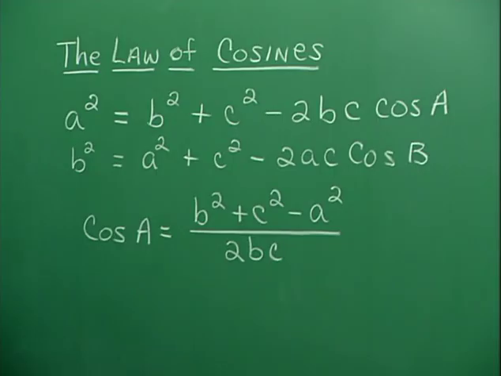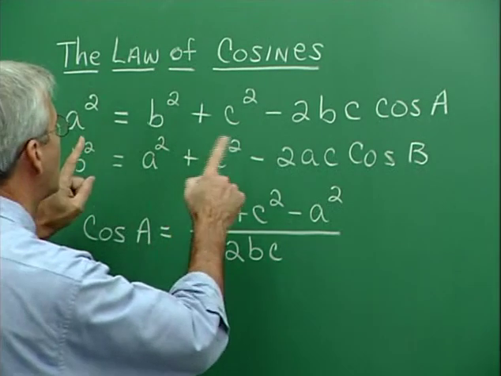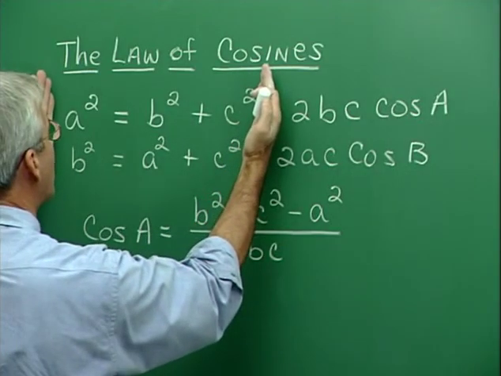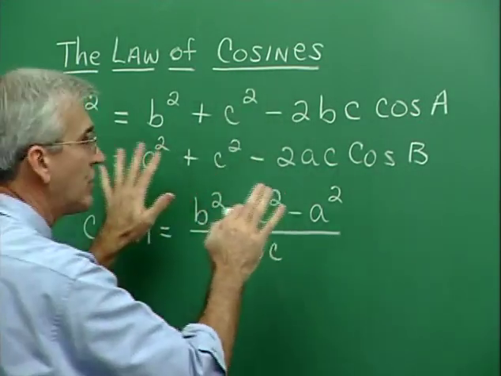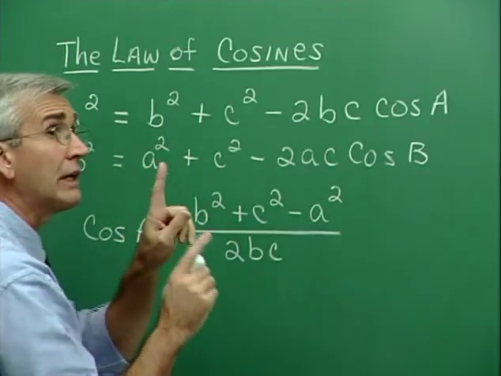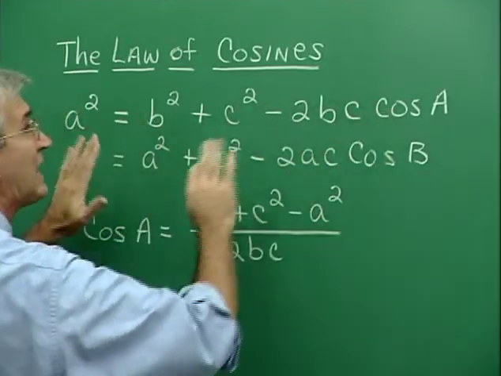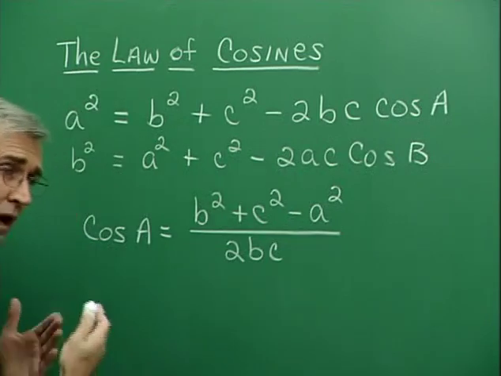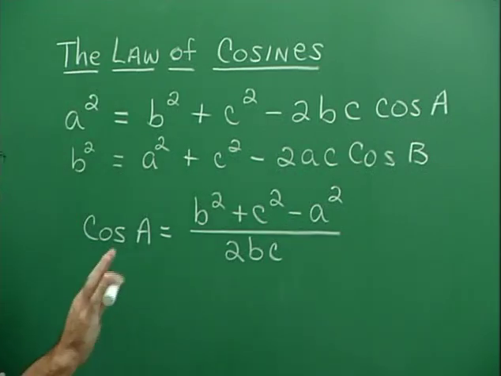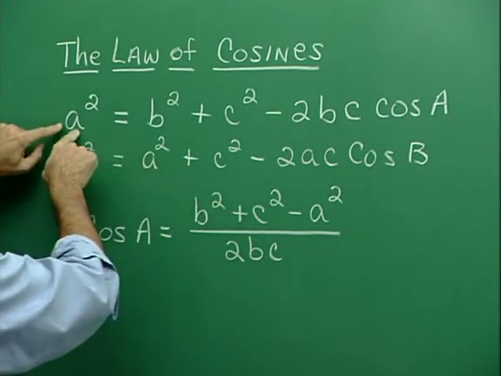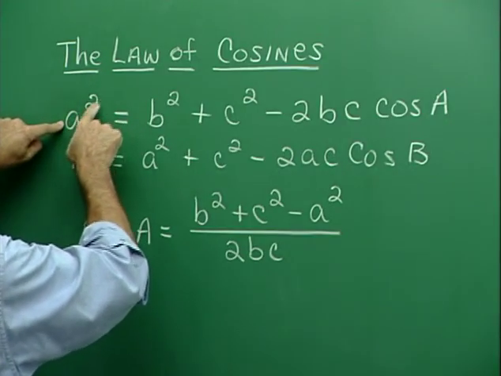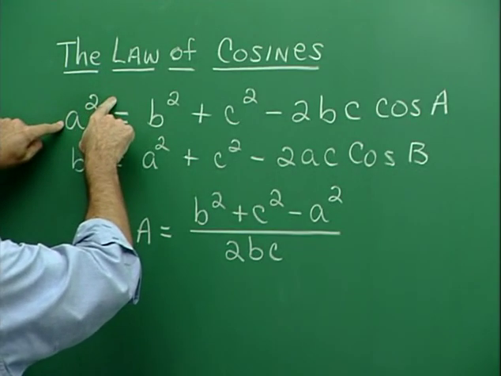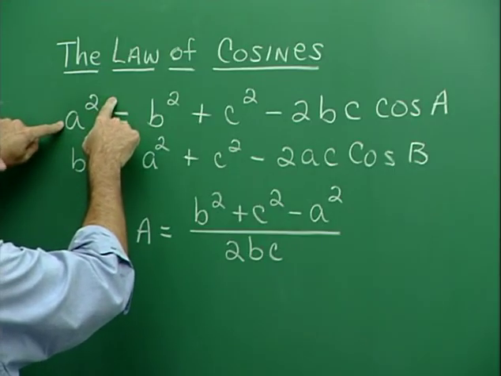I think it's kind of interesting with the law of cosines. It looks so much like the Pythagorean relationship up to this point that if you investigate it a little bit, you find out that we could actually use the law of cosines instead of the regular Pythagorean relationship, because if this is the hypotenuse squared, then understand that the angle opposite the hypotenuse is the right angle in a right triangle, you see.